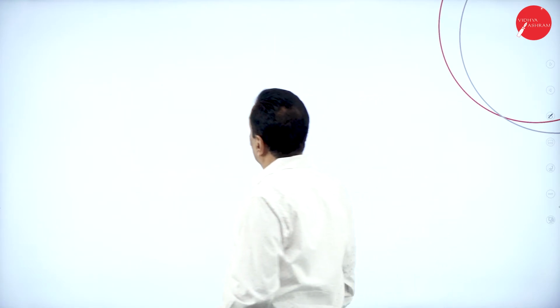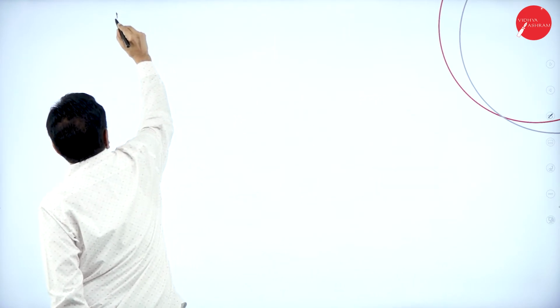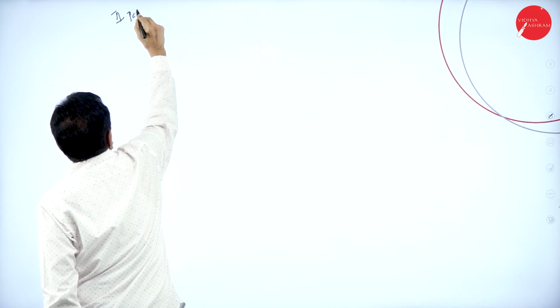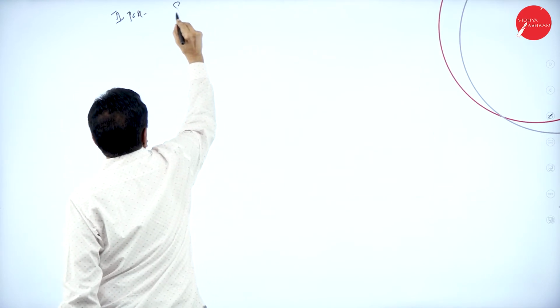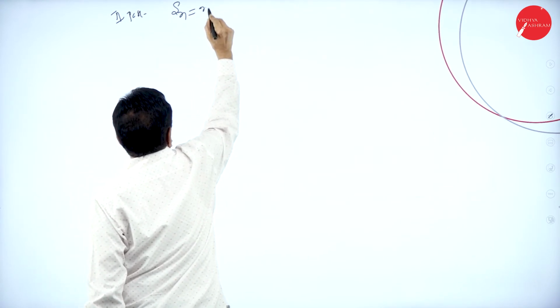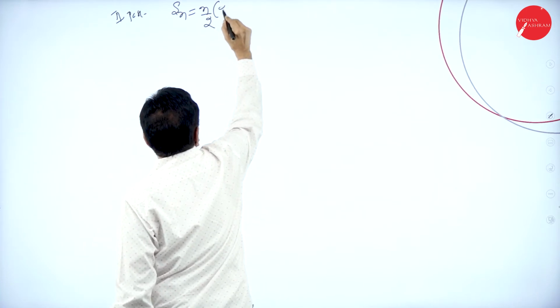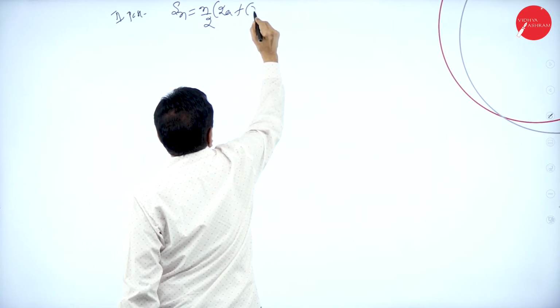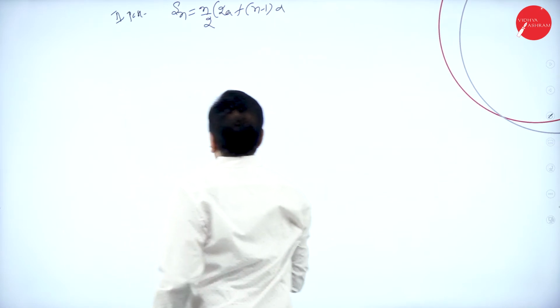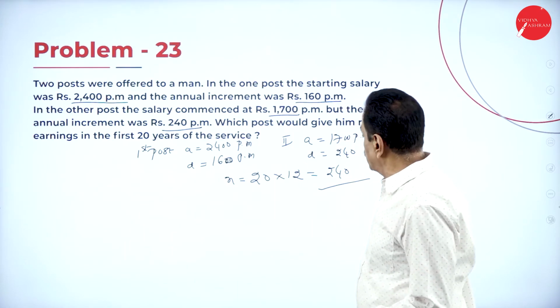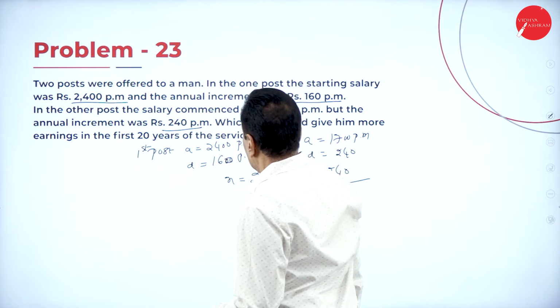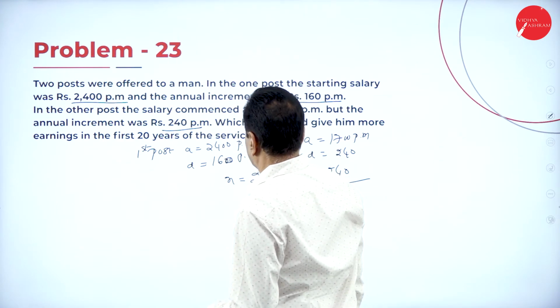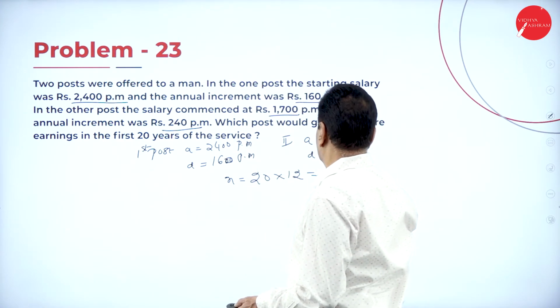We'll go to the second post. Same formula: Sn is equal to n by 2 into 2a plus n minus 1 d. In the second post, A is 1,700 per month, increment is 240.